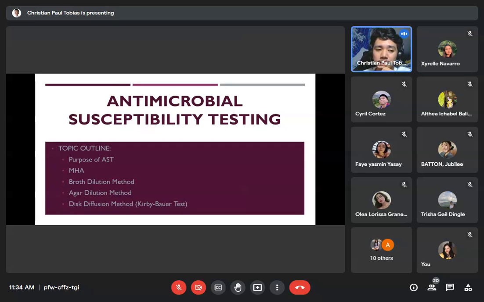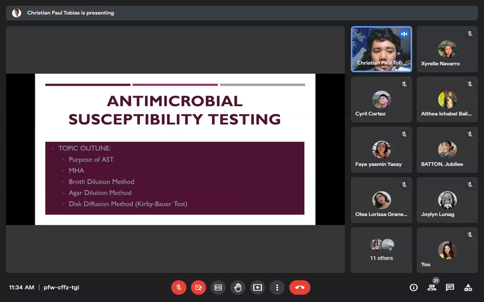You also know that MHA is the most commonly used agar in AST. We also have methods like the broth dilution method, agar dilution method, and disc diffusion method. The disc diffusion is what is done in the lab, so we will focus more on the disc diffusion method or Kirby-Bauer test.